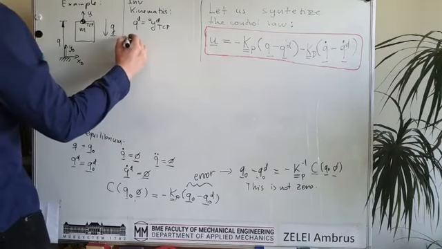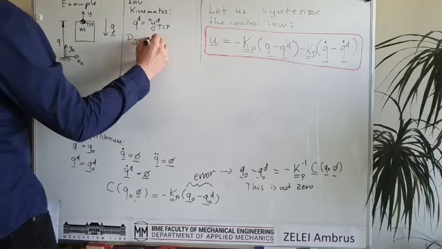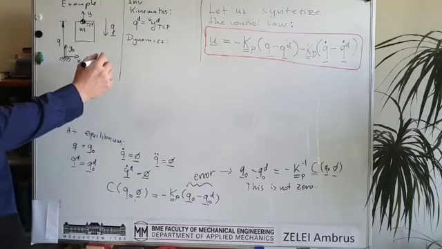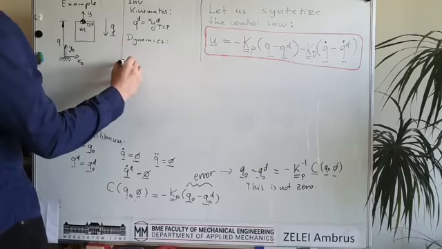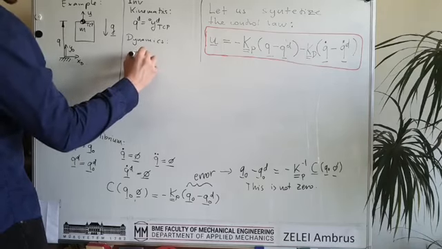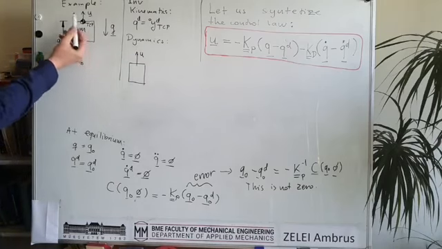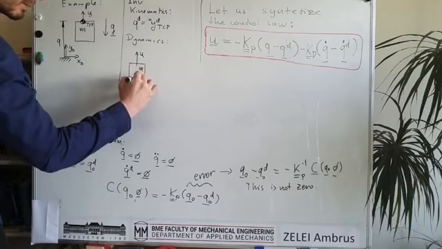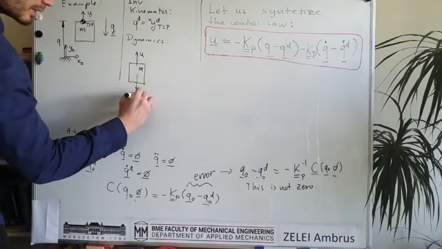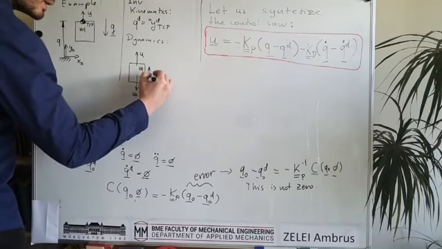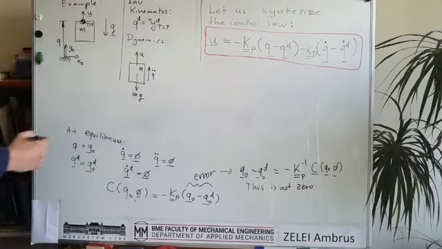And from the dynamics, we have some equations. And for the first equation we need a free body diagram, of course. So this is the force which tries to keep the rigid body at a certain elevation. The mass is m. There is also a gravitational force, and we assume that there is an acceleration in the positive direction.